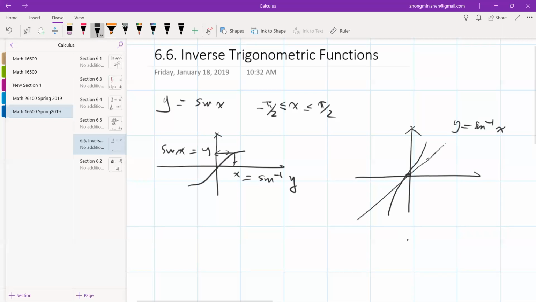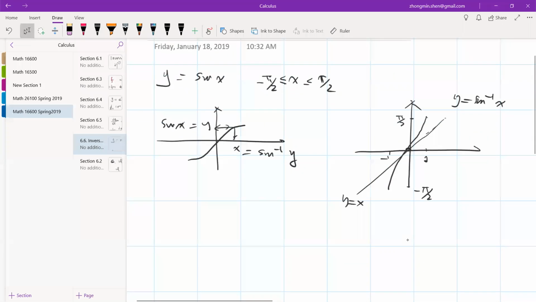The domain will be from -1 to +1, and the range will be from negative pi over 2 to positive pi over 2. We obtain this graph by reflecting the sine graph around the line y equals x.